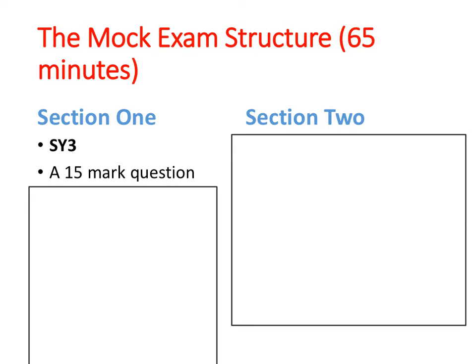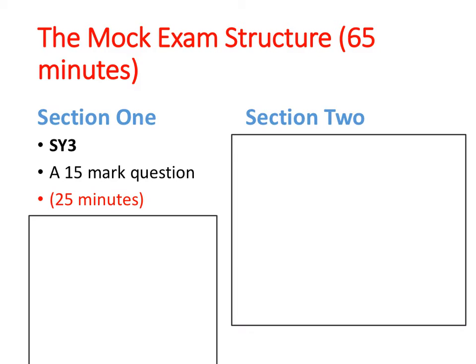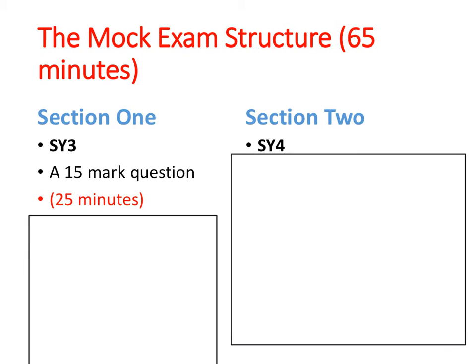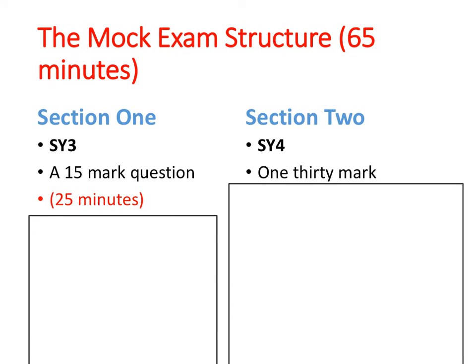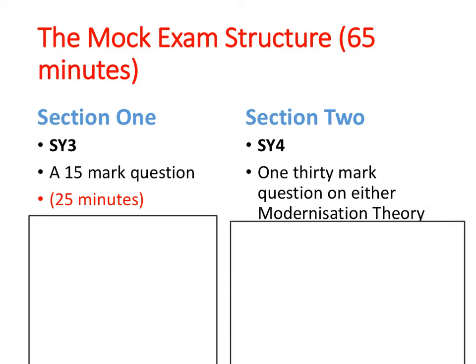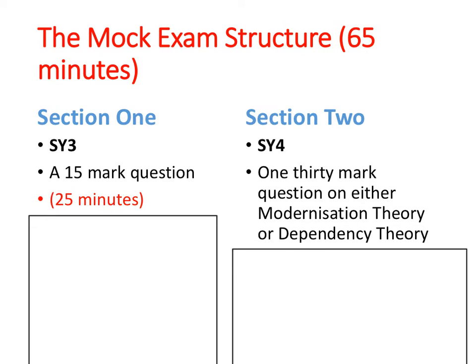You'd be advised to spend about 25 minutes of the total time on this section of the paper. Then section 2 will focus on the SY4 work we've been doing on world sociology, and it will consist of one 30-mark question, a longer essay question, that will either focus on modernisation theory or on dependency theory.